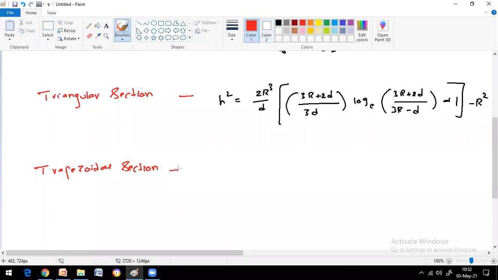What is the formula for a trapezoidal cross section? The value you need to keep in mind is h square is equal to d by 3 of (b plus 2b by b plus small b).